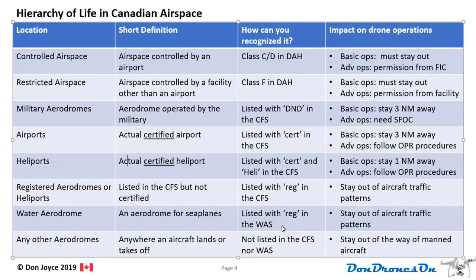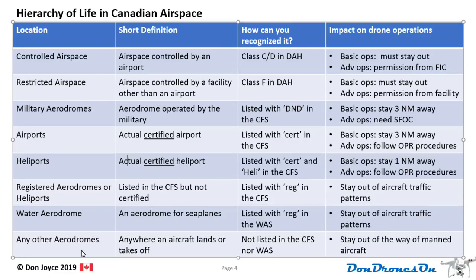As far as Transport Canada, or the contact I was talking to, was concerned, he didn't think that you could actually certify a water aerodrome. That said, some water aerodromes are actually part and parcel of airports. They're adjacent to them, and in those cases the airport itself is certified, so the water aerodrome may or may not actually fall under that same certification. Like registered aerodromes and heliports, for water aerodromes all you need to do is stay out of aircraft traffic patterns.